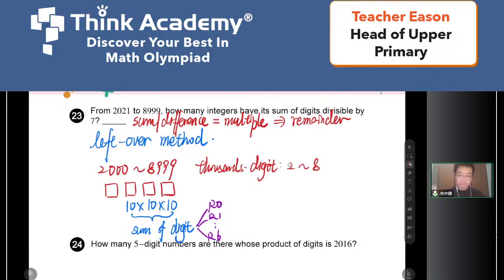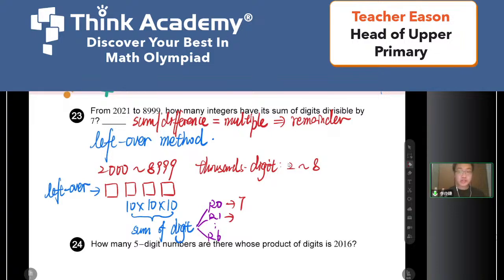And then the 1000th digit is the so-called leftover digit, because we just need to find another number to fit the need, to make the sum of all a multiple of 7. So for example, if the sum of the last 3 digits has remainder 0, then we make the 1000th digit a 7.